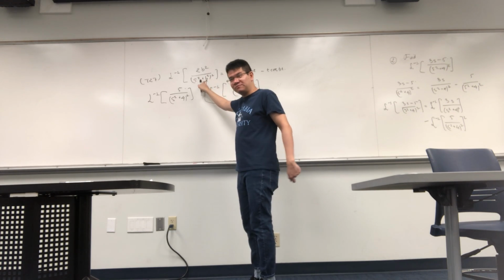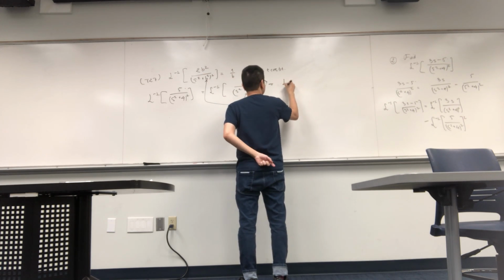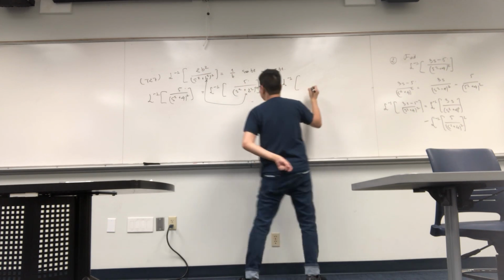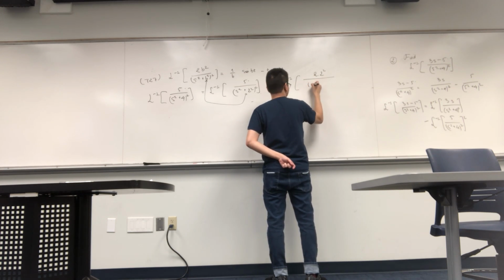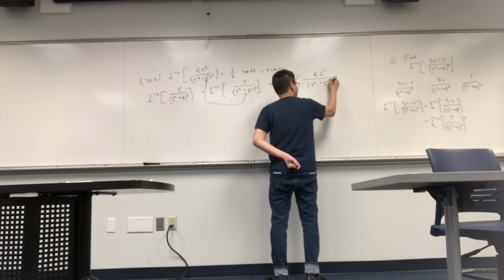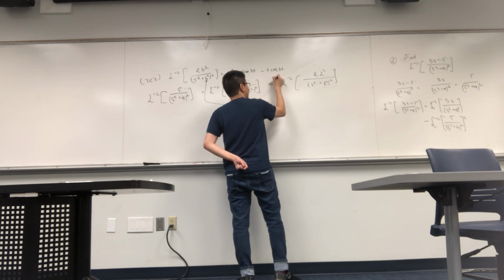So here I have to have 2 times 2 squared divided by s squared plus 2 squared. And here I have 8, which means that I have to multiply by 5 over 8.